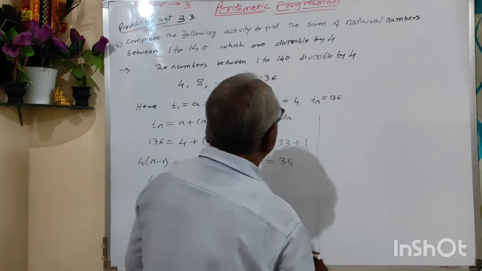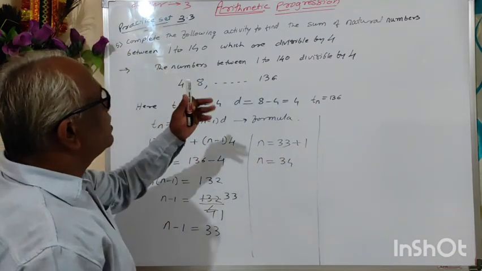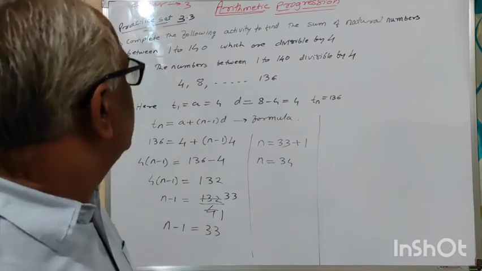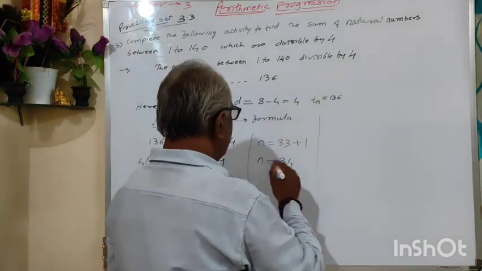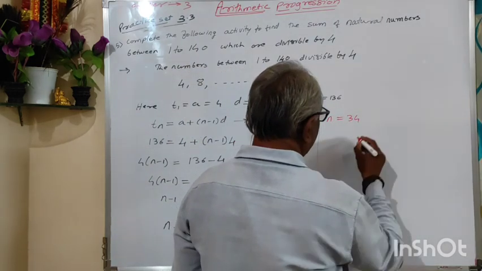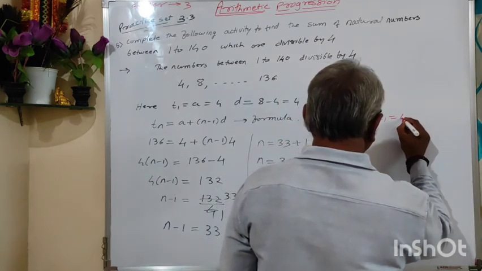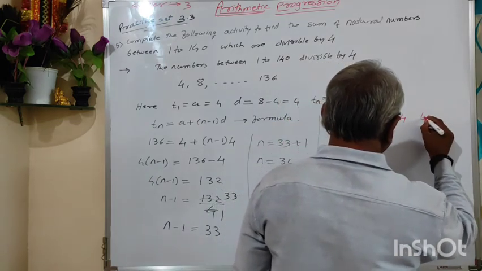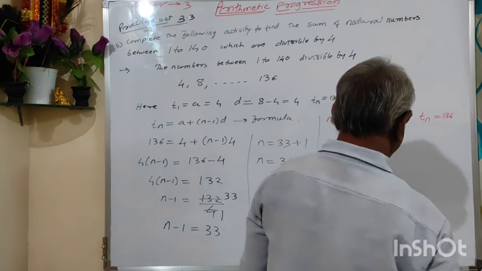Now we want to find the sum of the natural numbers between 1 to 140. That is the n value we got here, n is equal to 34. And here T1 is equal to 4 and Tn is equal to 136.